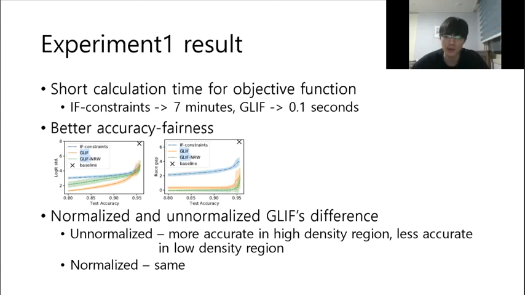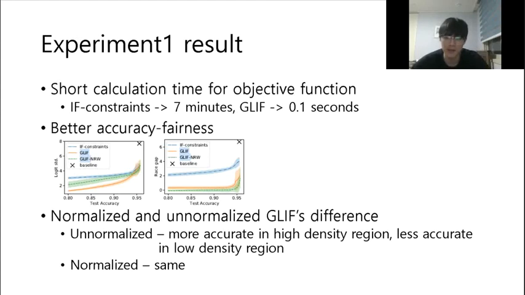In the graph below, the blue line is IF constraint, the red line is GRIF, and the green line is GRIF normalized. The left graph represents sentiment by name and the right graph represents sentiment by race group. Sentiment by names data has more bias in high density regions than sentiment by race group.